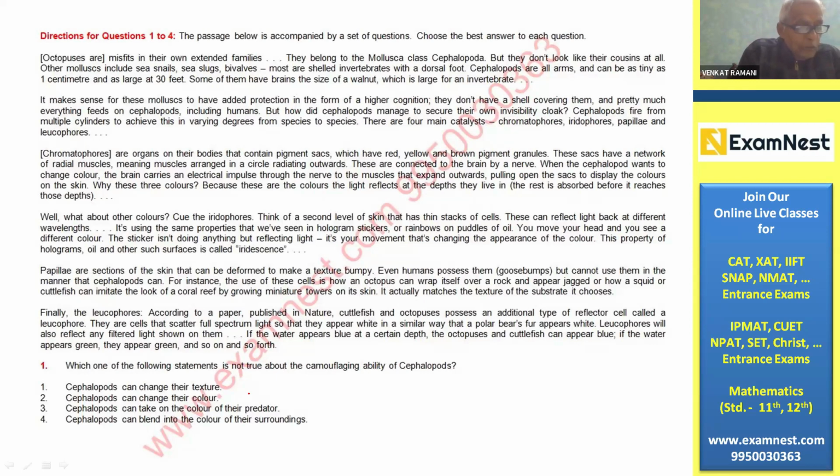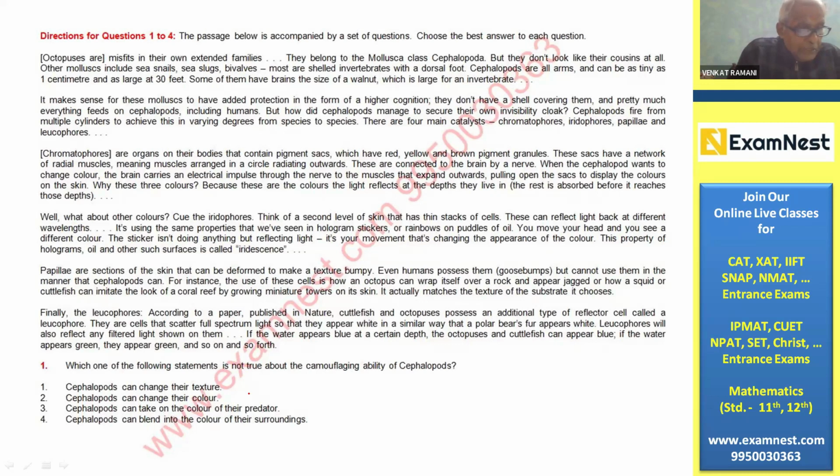And then he goes into the details, that it contains pigment sacs which have three colors, the red, yellow, and brown pigment granules. And whenever it wants, it can change color.